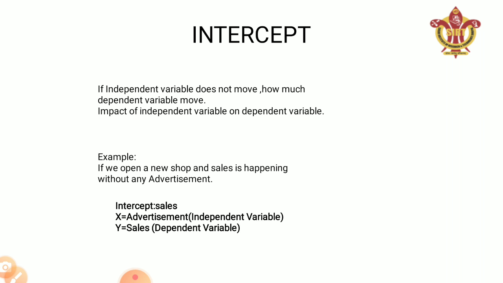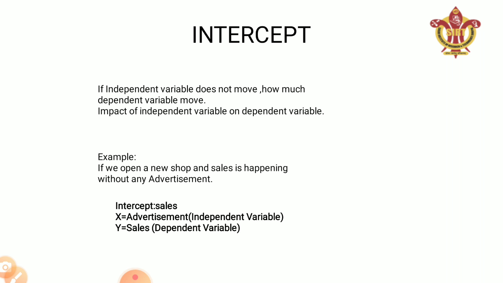So what the intercept indicates: suppose we have not done any advertisement, and still from the first day our sales are improving. It is like a miracle that the independent variable has not done any job, and still the dependent variable is increasing.